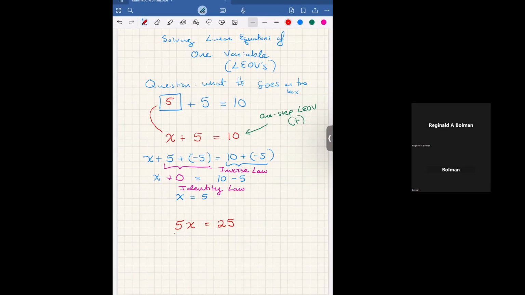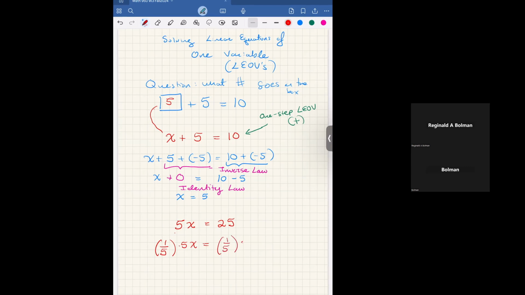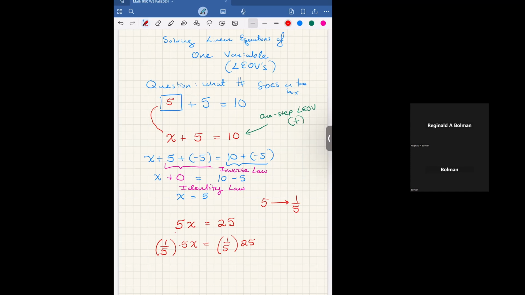We're going to take this 5 and multiply by its inverse. It turns out the inverse of a number is just that number flipped underneath a fraction. Said another way, it is the reciprocal of a number. A reciprocal of a number is always the multiplicative inverse of that value. So in this case, if you have 5, flipping 5 will allow you to find the multiplicative inverse.